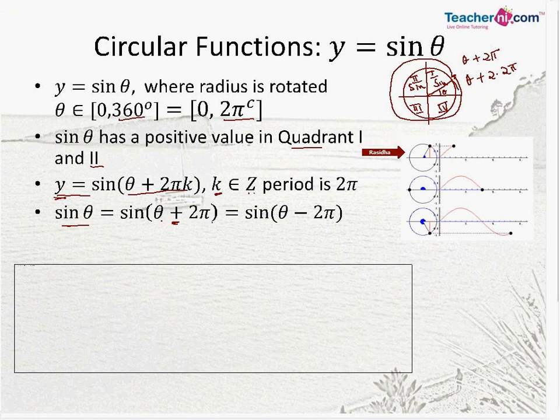With the circle, plus 2 pi it comes back to the same, and when it is negative 2 pi, you get the same value. So theta plus or minus 2 pi will give you the same value as sine theta. Is that clear?